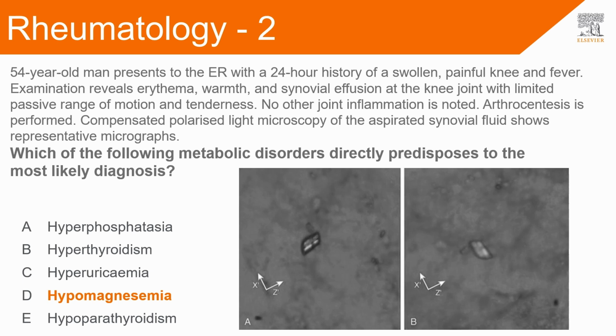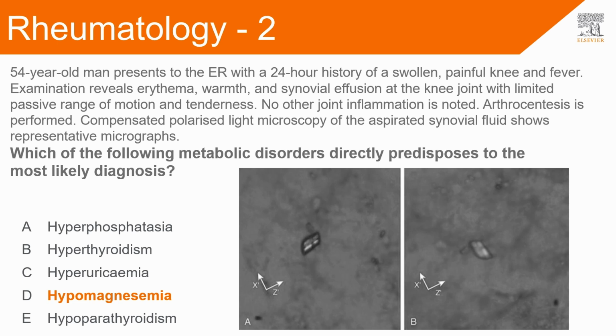It's a very rare inherited disorder characterized by low ALP levels that leads to pseudogout, because ALP, alkaline phosphatase, is responsible for hydrolyzing inorganic pyrophosphate. So its deficiency, the enzyme's deficiency, results in excessive accumulation of calcium pyrophosphate crystals in the joint. What about B, hyperthyroidism?